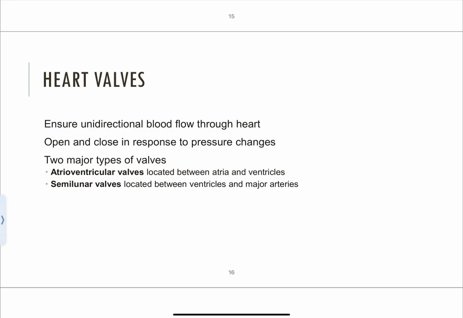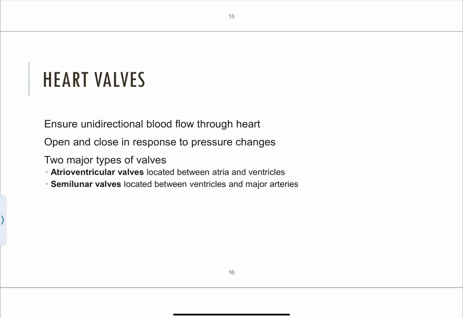The other type of valve that we have are semilunar valves, and these are located between the ventricles and the major arteries. The right ventricle goes to the pulmonary trunk, so the valve is located between the right ventricle and the pulmonary trunk.